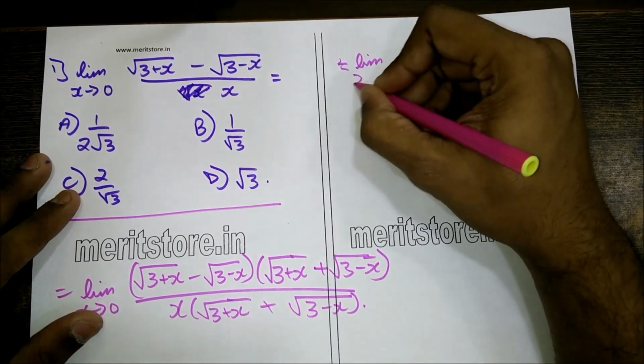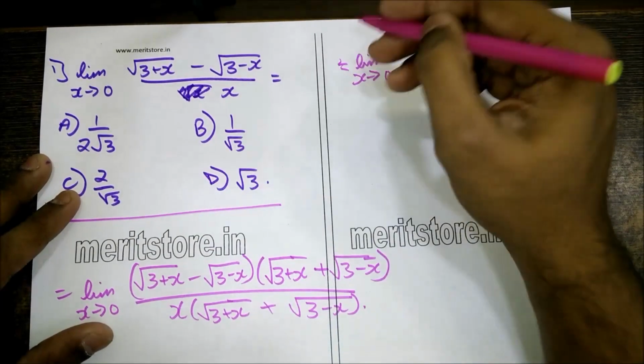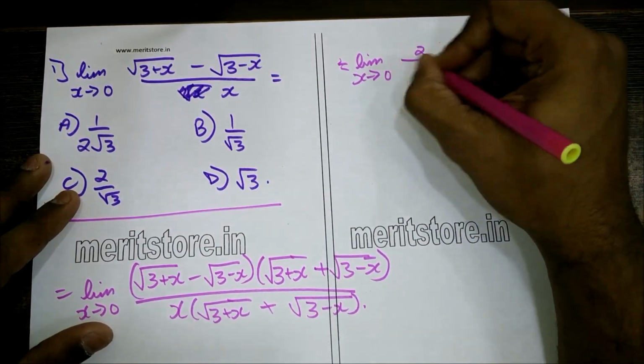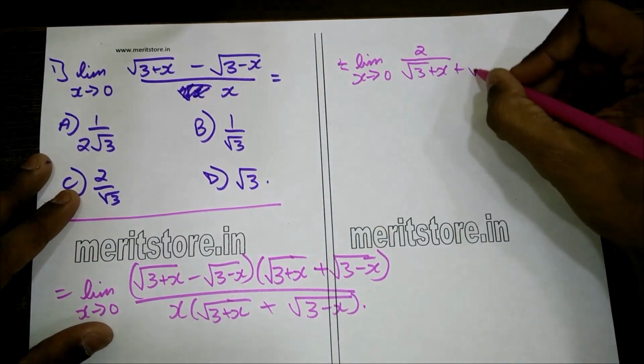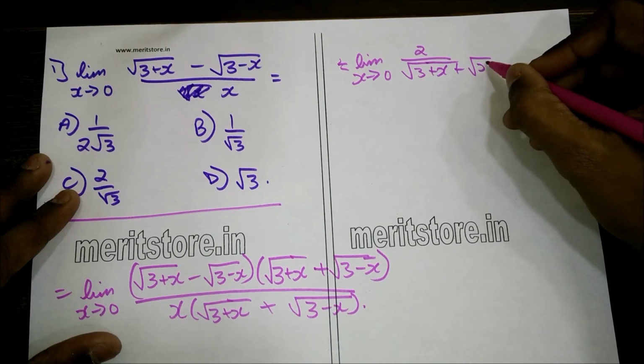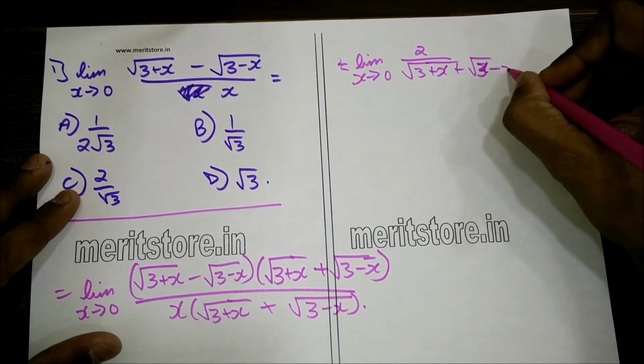limit of x tends to 0, open the brackets, we get 2 by root of 3 plus x plus root of 3 minus x.